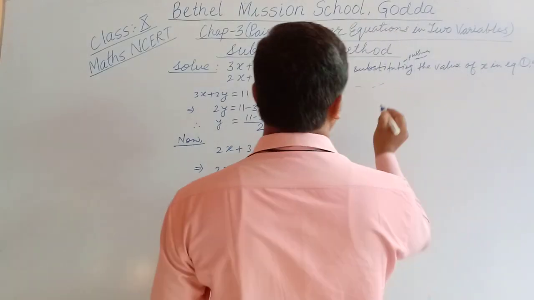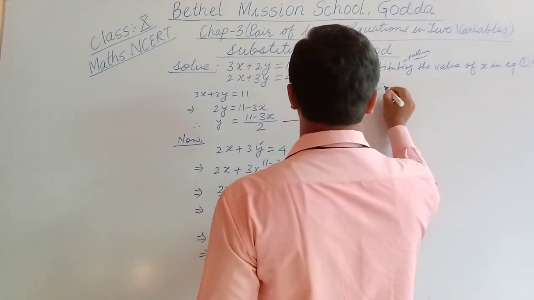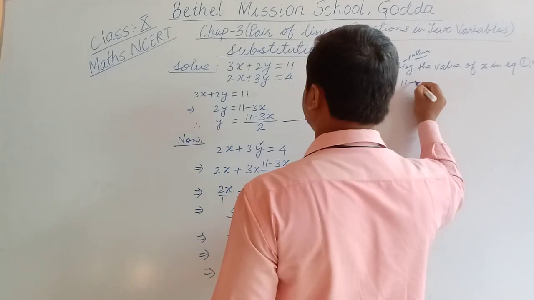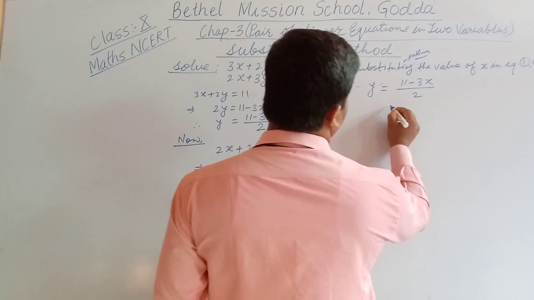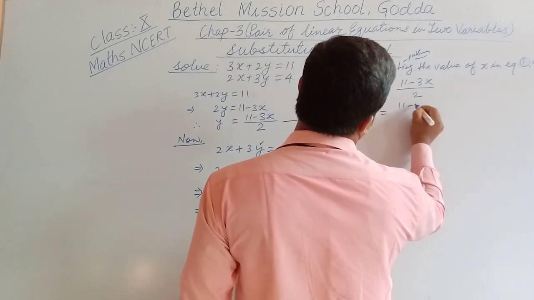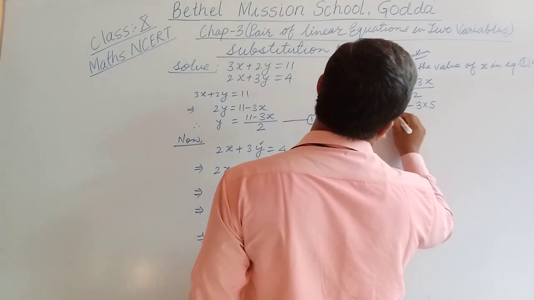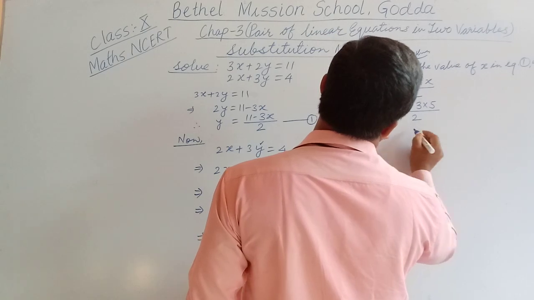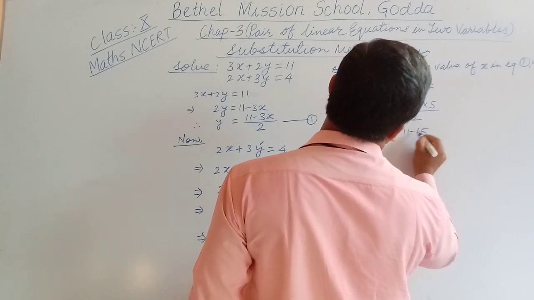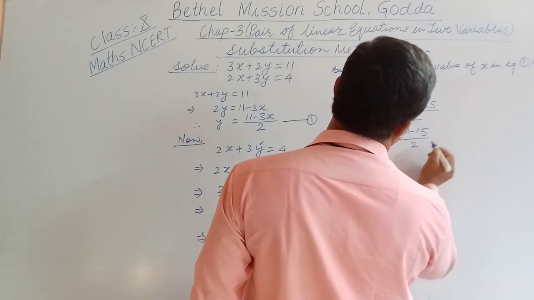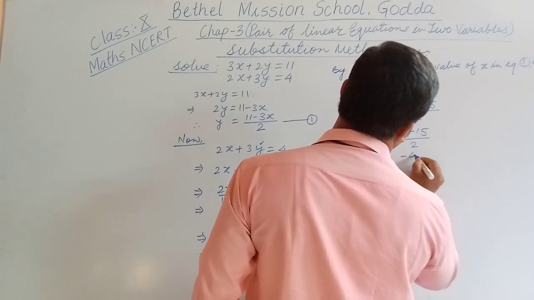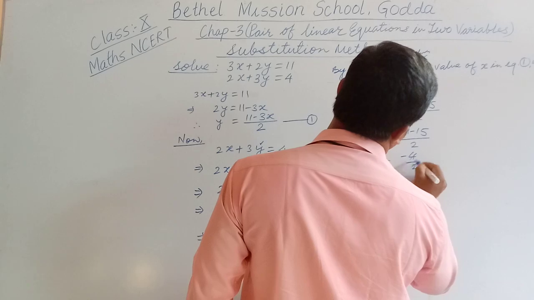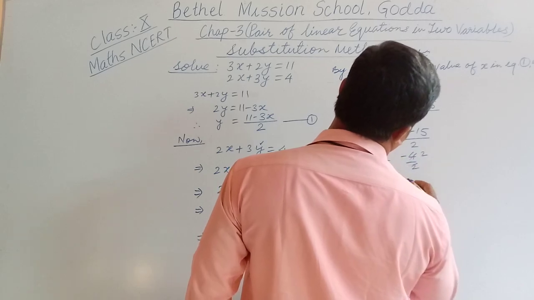What do we get? y equal to 11 minus 3x upon 2. Then 11 minus 3 into 5 upon 2. This will be 11 minus 15 upon 2, which is minus 4 upon 2, and 2 into 2 is 4, so here it will be minus 2.